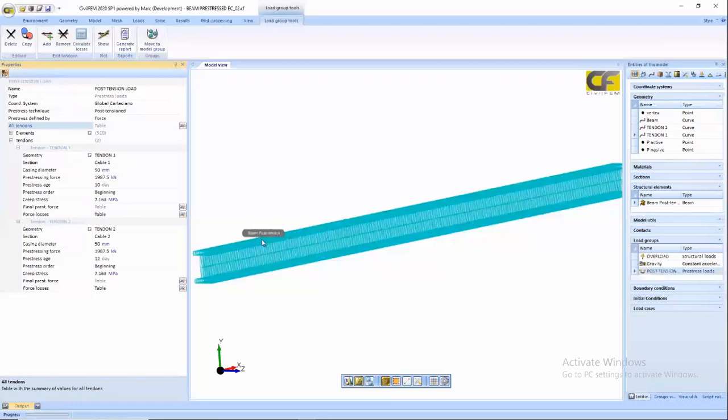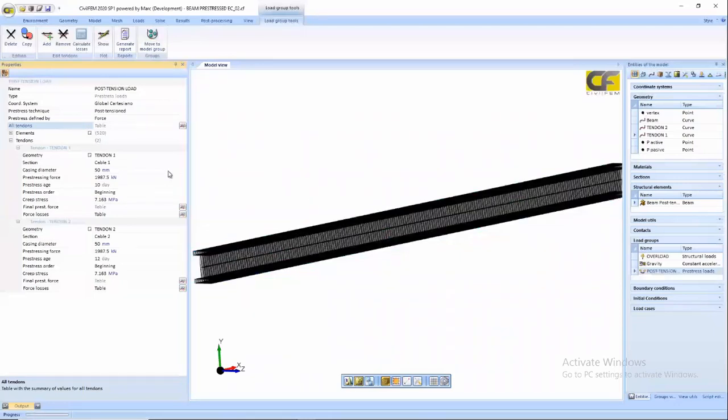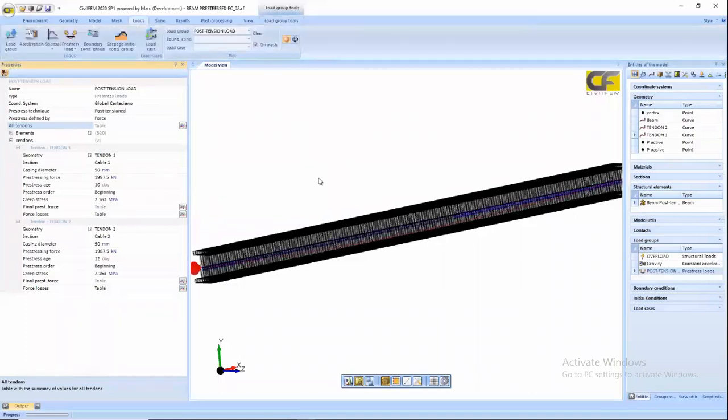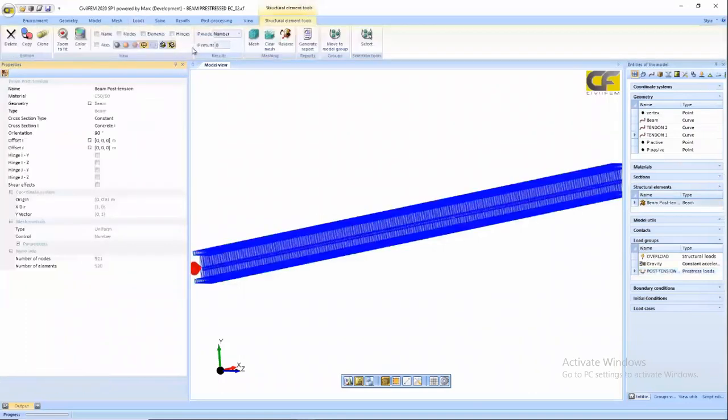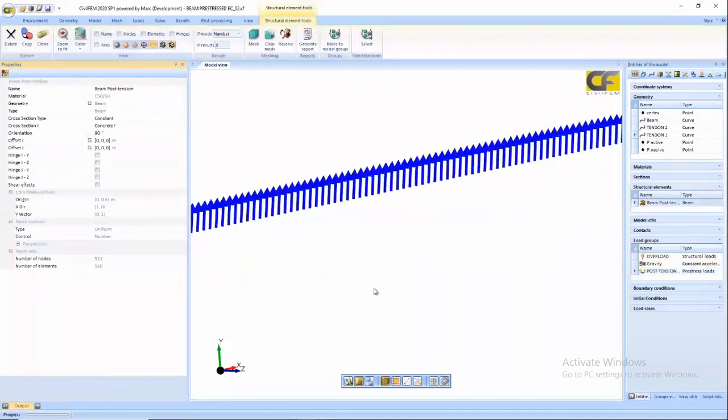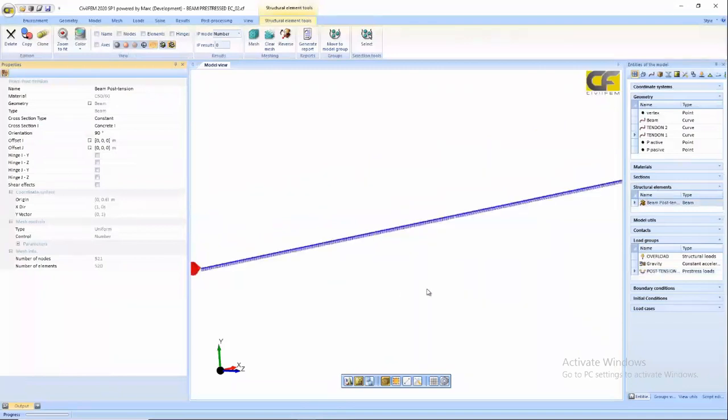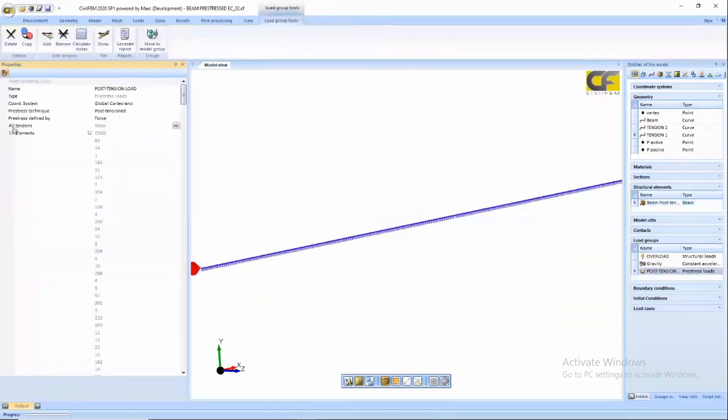In this case it's the full beam where the tendon will be inserted. No finite elements will be created, only the equivalent forces. See here. Here you can see the equivalent forces that will be applied due to the effect of the post-tensioning.